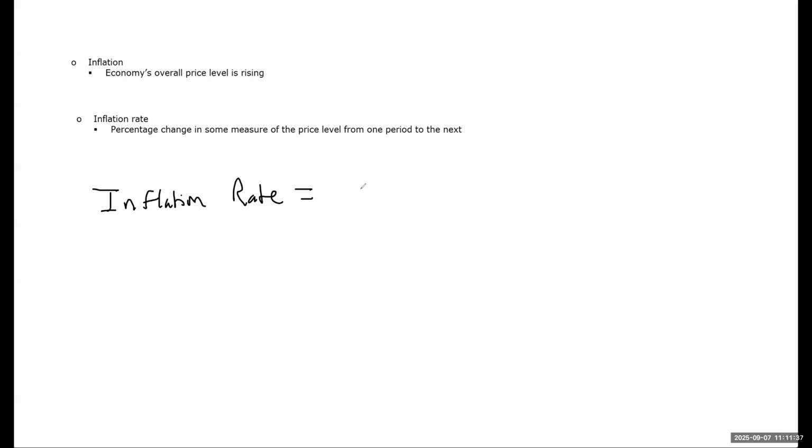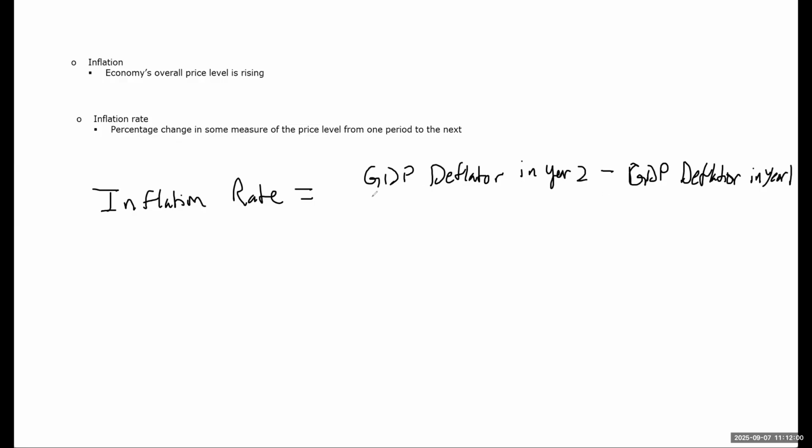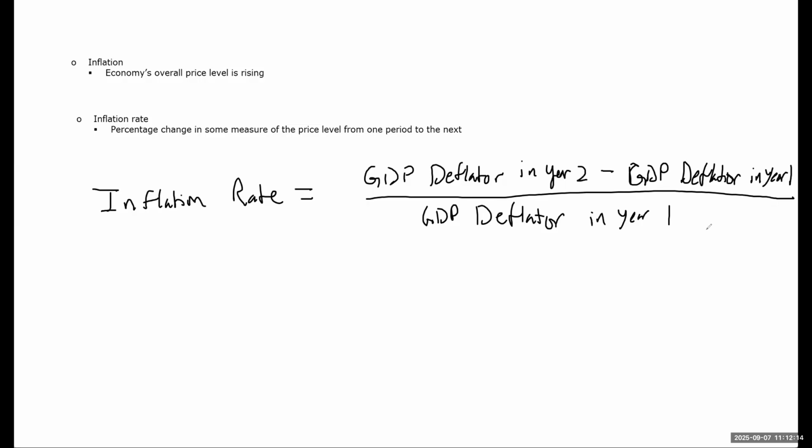So inflation rate is equal to GDP deflator in year 2 minus GDP deflator in year 1, divided by GDP deflator in year 1, times 100.